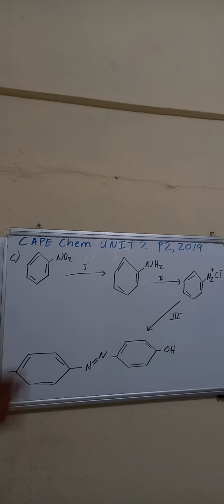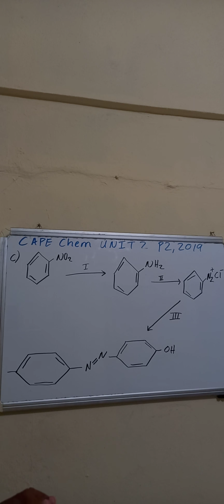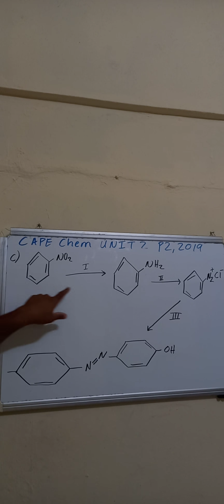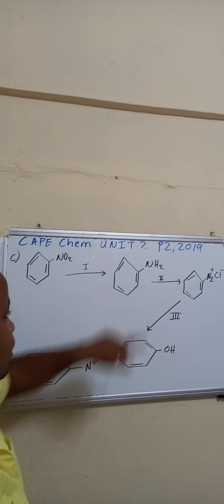Right, so for part C of the question, we have a reaction scheme, right? So the question is asking us for the reagents for 1, 2, and 3. So in part 1, we are converting nitrobenzene to phenylamine.